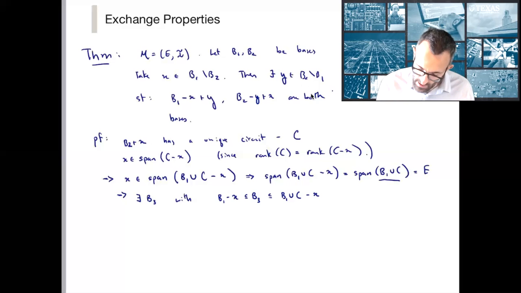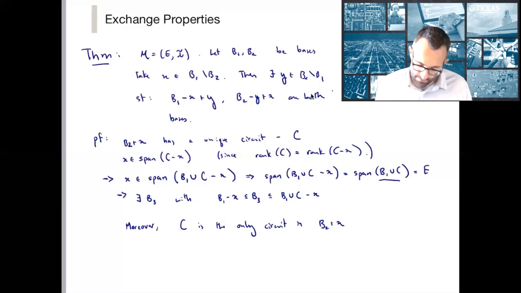Moreover, because C is the unique circuit in B2 plus X, C is the only circuit in B2 plus X, what that means is that B2 plus X minus Y has no circuit.